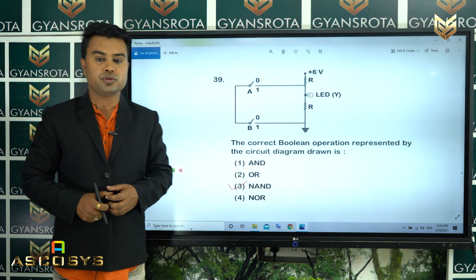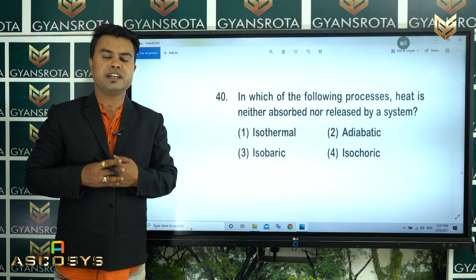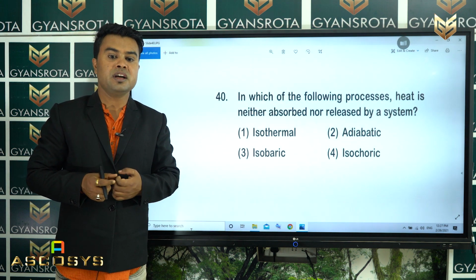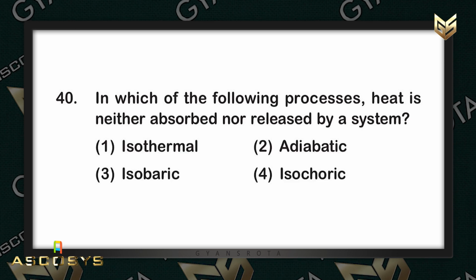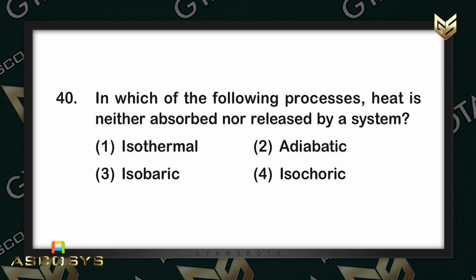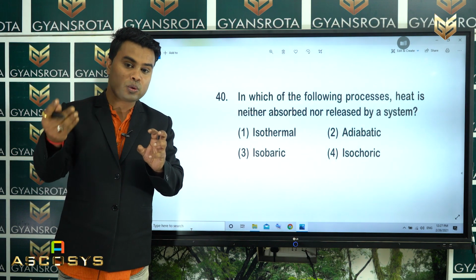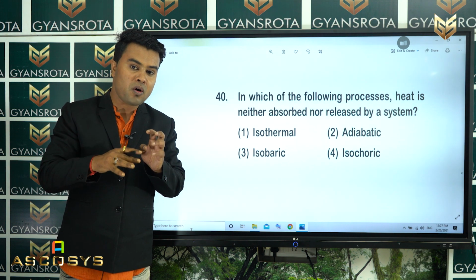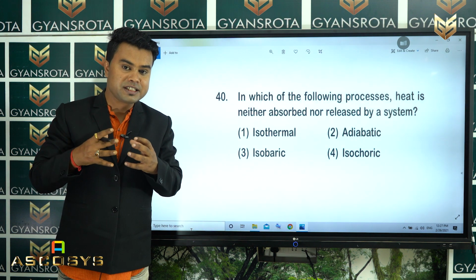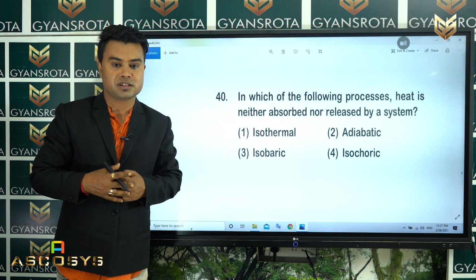So now let us move to the next question, that is question number 40. Question number 40 is asking, in which of the following processes is heat neither absorbed nor released by the system? In the system, the heat will remain constant. Neither any outer heat can enter the system nor any heat from inside can go out of the system. What type of process is this?